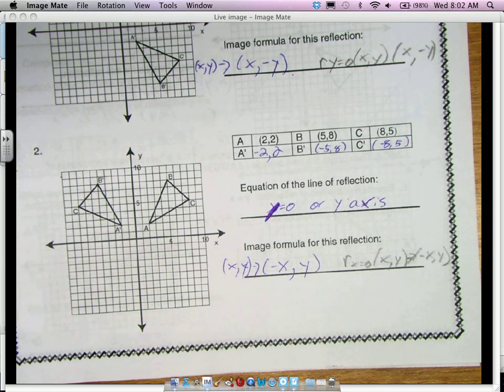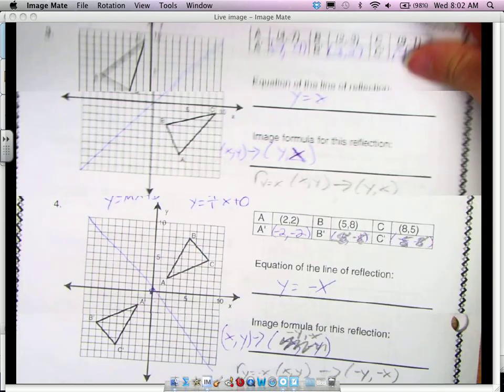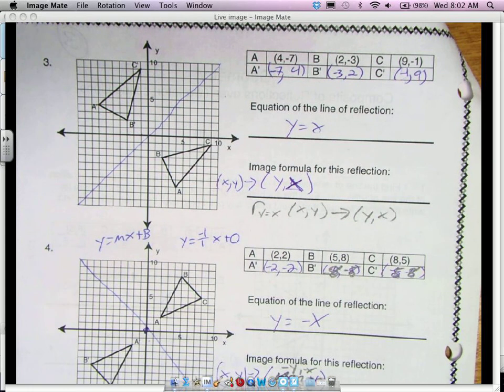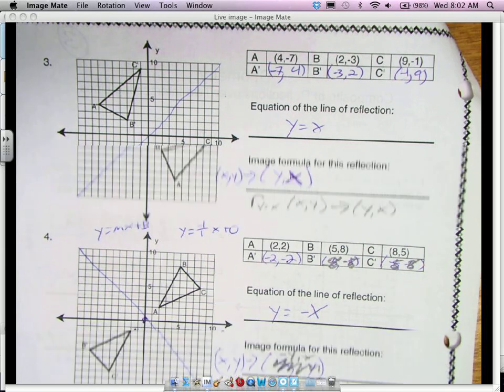All right, let's look at 3 and 4 real fast because we did these together in class. For 3, we should get just -7, 4, -3, 2, and -1, 9. It's y equals x, and the image formula is y comma x. Number 4, we've got -2, -2.